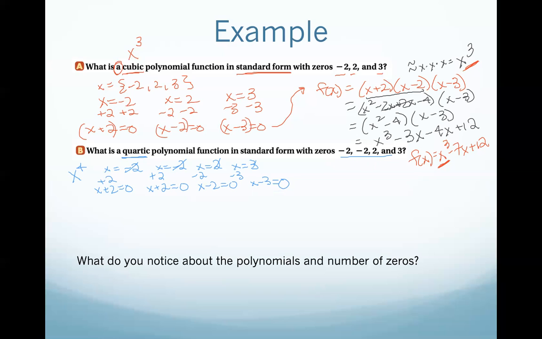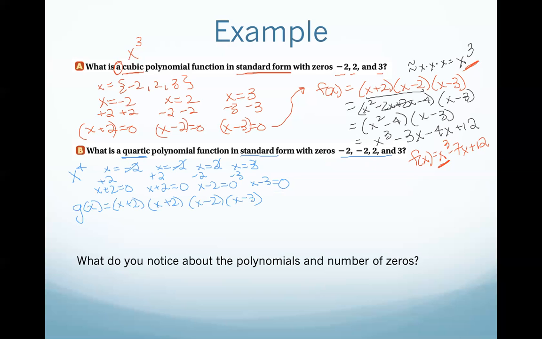Now that I have all of the factors, we're going to call this one g of x equals x plus 2 times x plus 2 times x minus 2 times x minus 3. And now it's in factored form, so we have to distribute.